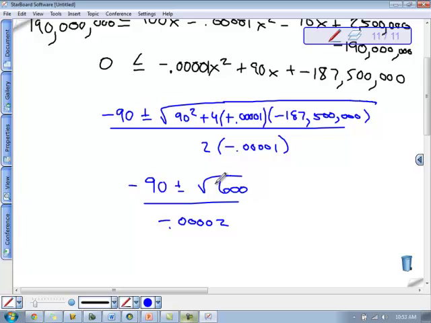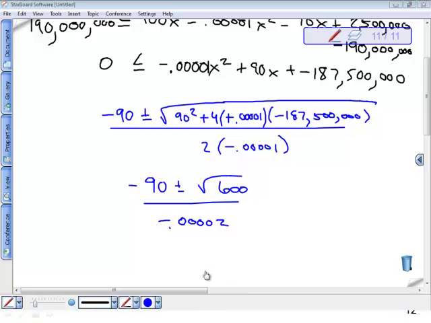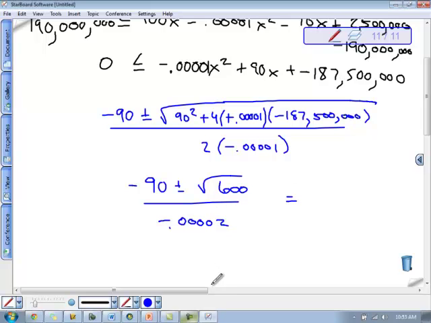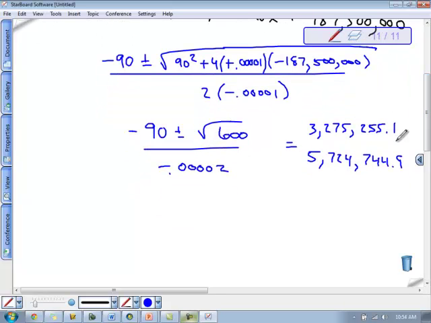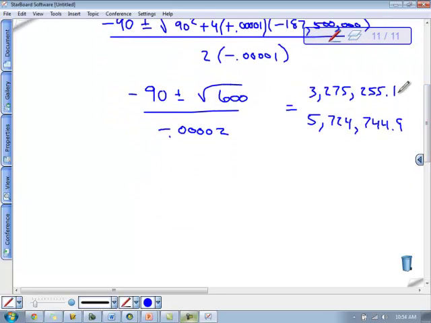Let's just get both numbers from here. These are the zeros once you solve this: about 3 million calculators and 6 million calculators.